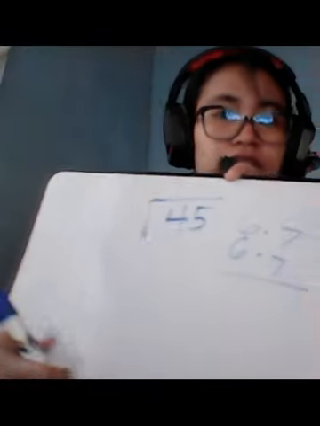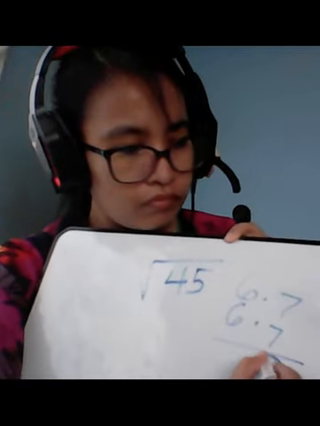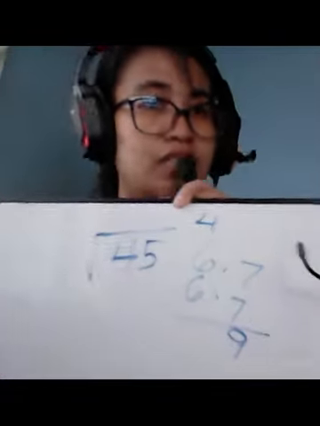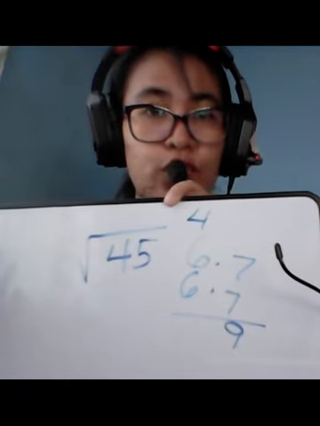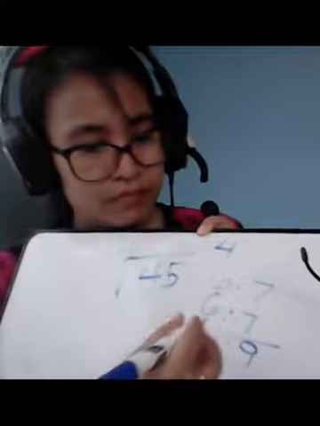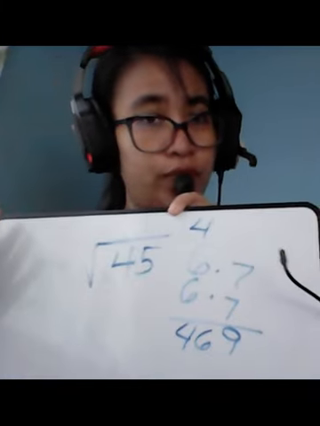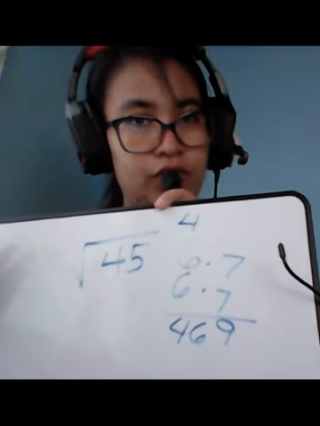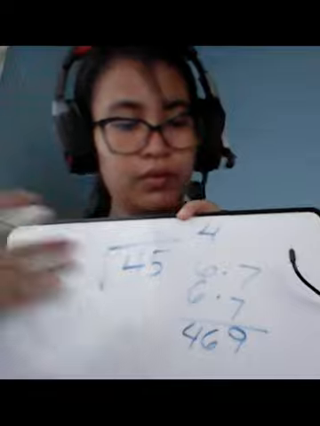So 7 times 7 is 49. 7 times 6 is 42, plus 4 is 46. So we have 469. And for the last to be multiplied, 6 times 7 is 42.